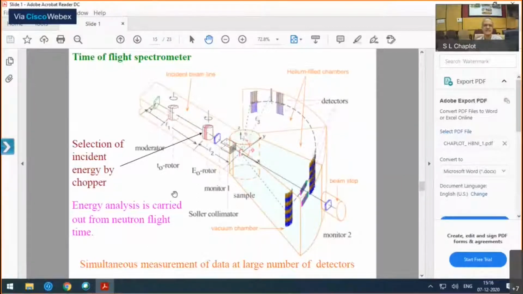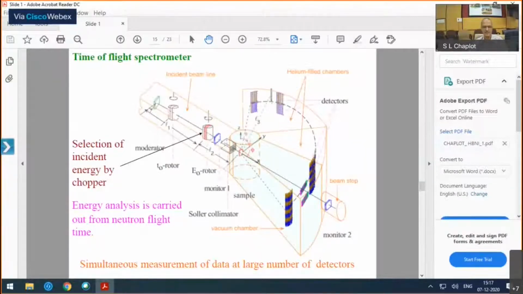And here, well, the concept in general is the following. In the time-of-flight spectrometer, again, there are two sides. You have a sample in the middle, and before the sample, between the reactor and the sample, you need some method to get a monochromatic beam of neutrons.